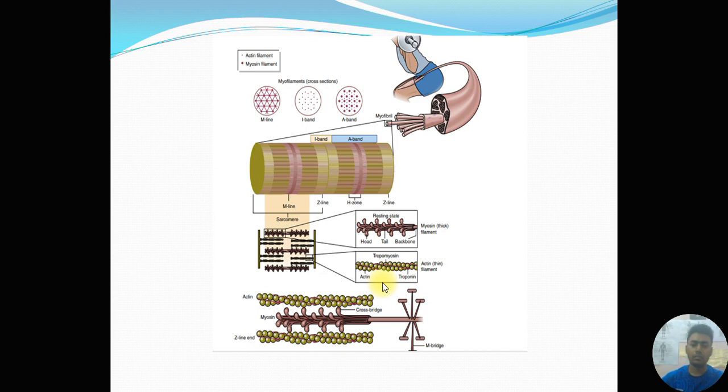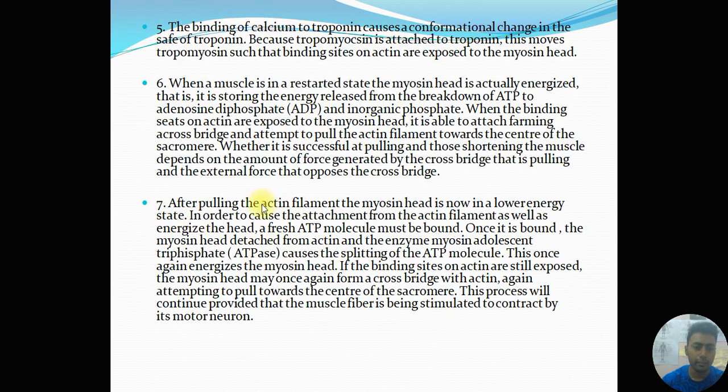How they attach, I'll explain. I'll just read it out first. When a muscle is in a resting state, the myosin head is usually energized. That is, it is storing the energy released from the breakdown of ATP to adenosine diphosphate and inorganic phosphate.